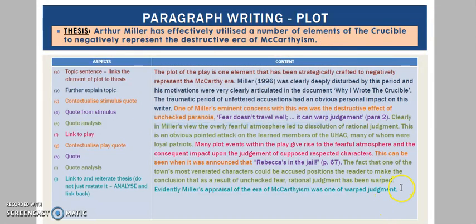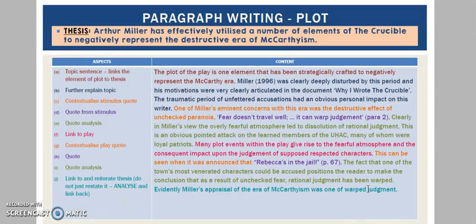We could then maybe reflect back to this thesis here a bit more explicitly, okay, proving that he has effectively utilised the element of plot to negatively represent. But you also can't just restate the thesis, you've got to analyse in terms of it. So that's what he's done here with the warped judgment.